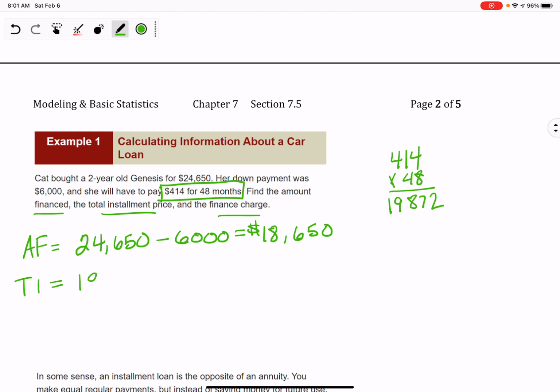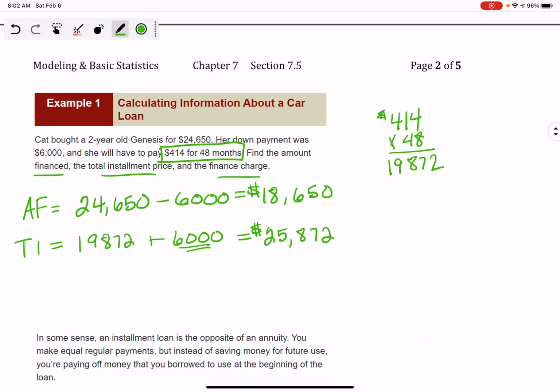So we're going to take that 19,872 and add that down payment on. And so the total installment would be $25,872. This is the payment she's paying for 48 months plus what she already paid, which was the $6,000 as a down payment.